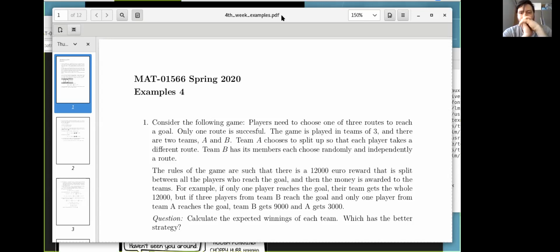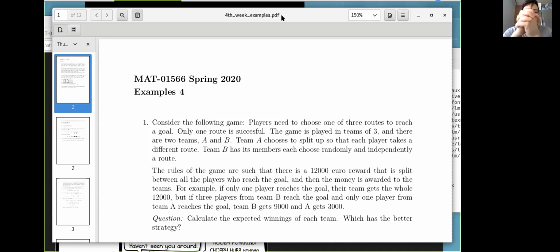We have Team A and Team B. Team A's strategy is to play it safe, so they send 1 player on each of the routes, and Team B chooses players randomly. So each player picks a random route independently of the others.